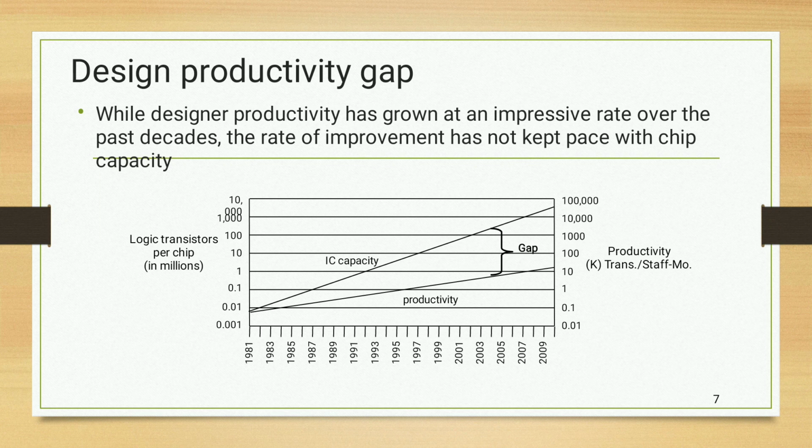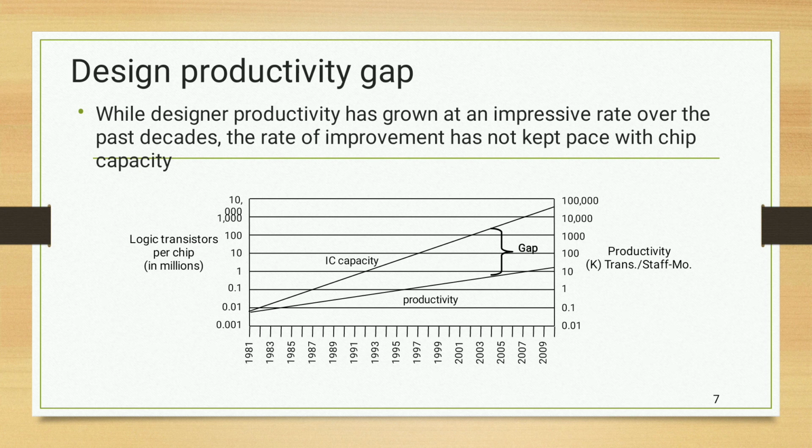The situation is even worse than the productivity gap indicates. In theory, adding designers to a team reduces project completion time. In reality, productivity per designer decreases due to complexities of team management and communication.